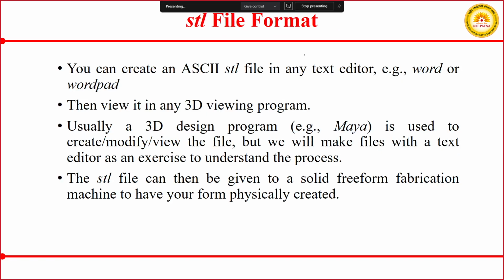For this we have one common format, that is the STL format, and those who are from a computer science background might be aware of the ASCII file format. What ASCII encoding is, I will not be covering as of now, but you can read about ASCII encoding on Google.